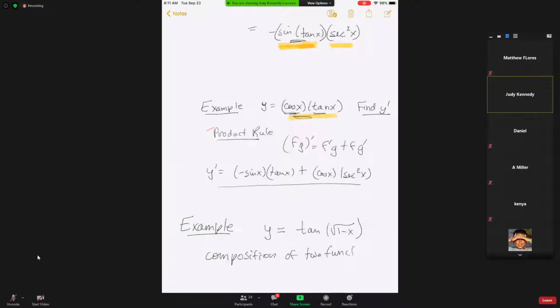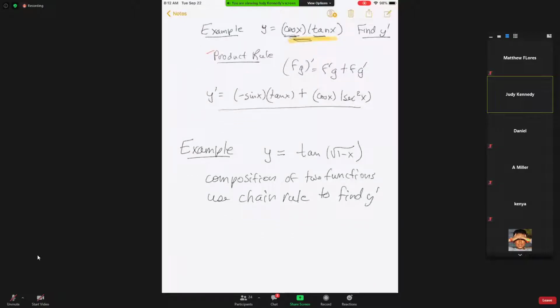And anytime I have the composition of two functions, we need the chain rule to find y prime.